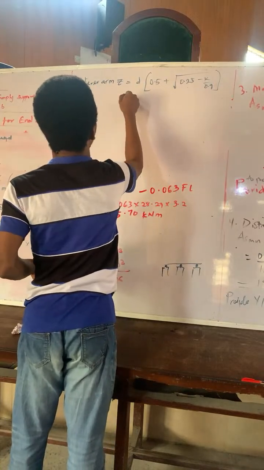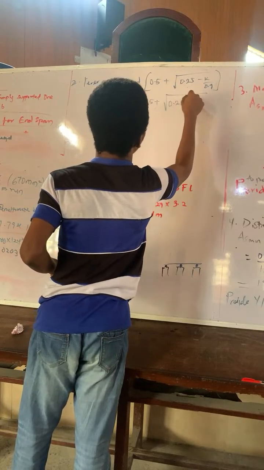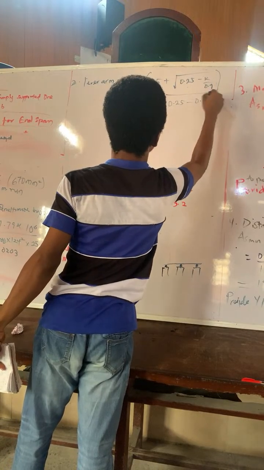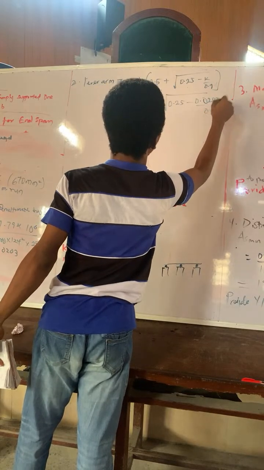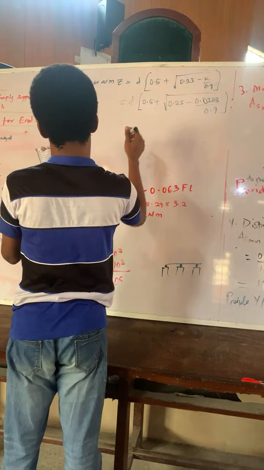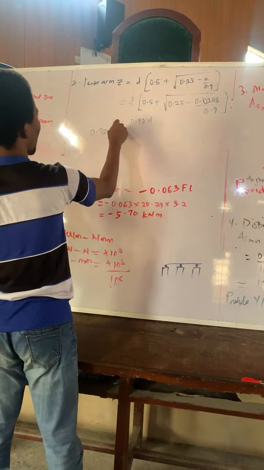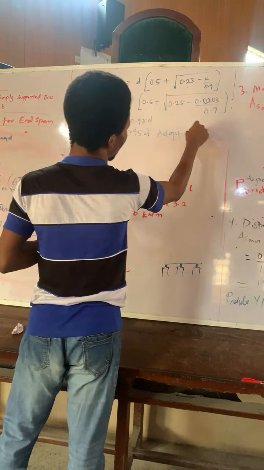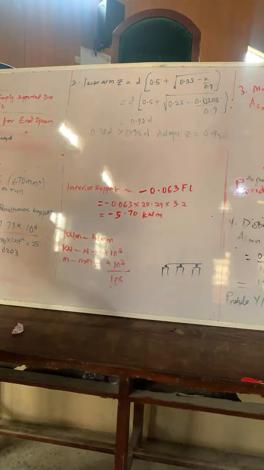That is D equals 0.5 plus square root of 0.25 minus our K here, which is 0.0203 over 0.9. So we have 0.98D. 0.98 is greater than 0.95D, so you adopt Z as 0.95D.